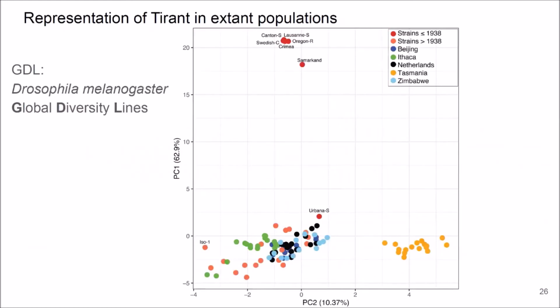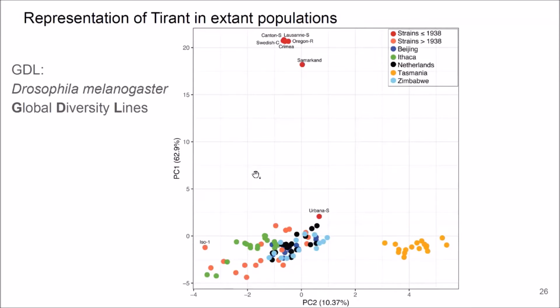And if you look at principal component analysis using the single nucleotide polymorphisms of the different Tirant insertions, including not only the laboratory strains that I have shown on the graph, but also including several individuals from the Drosophila global diversity lines.